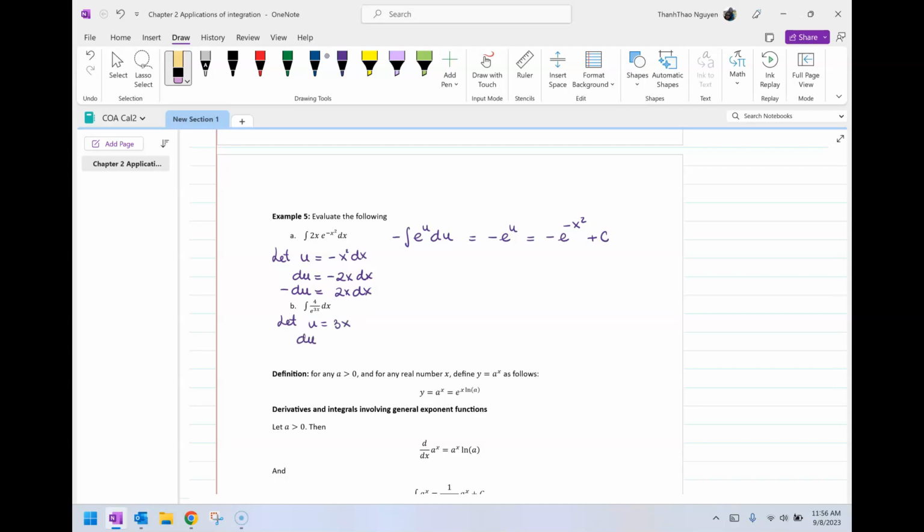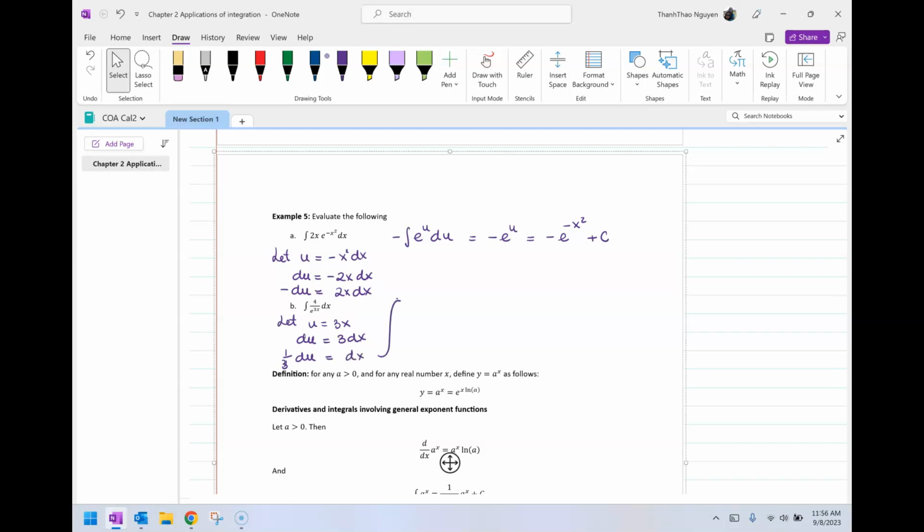So du equals 3 dx. Note that you have a 4 dx in the integral. This means that one third du is equal to dx.